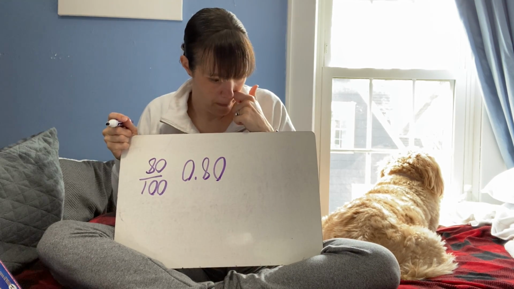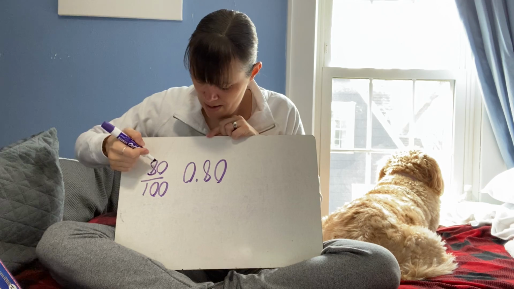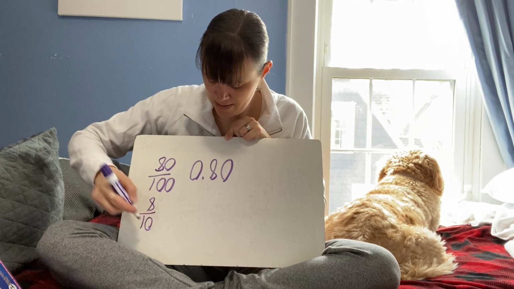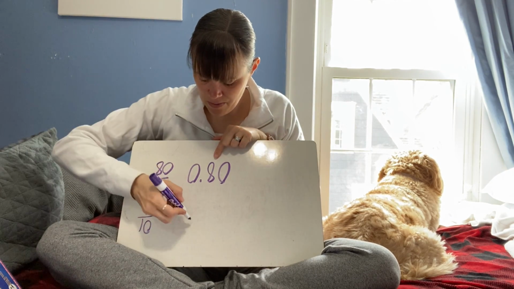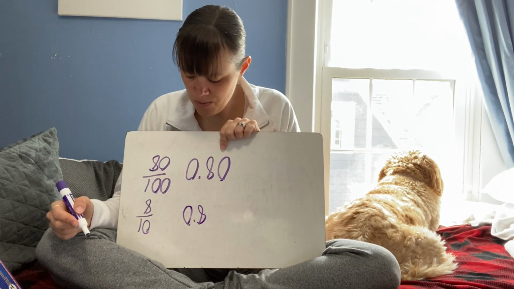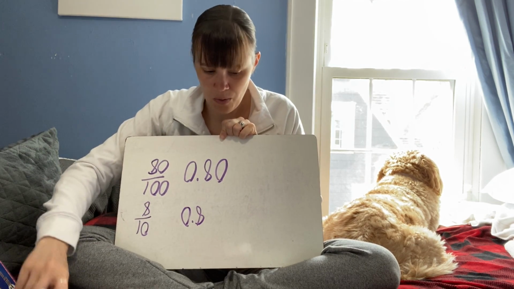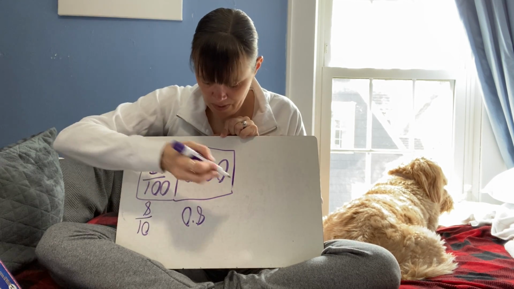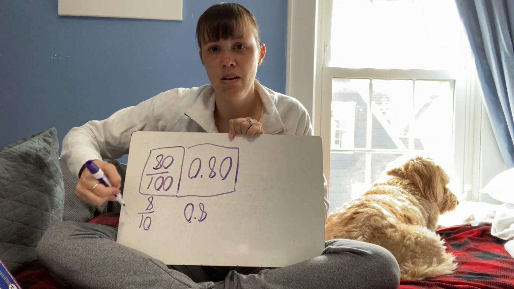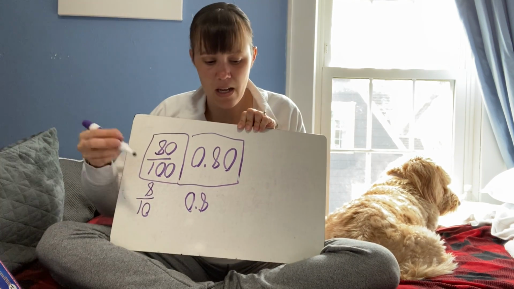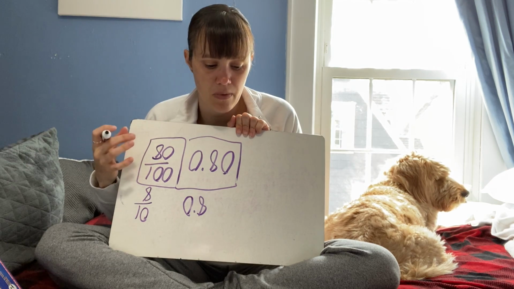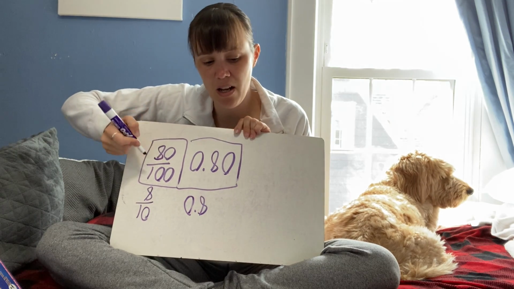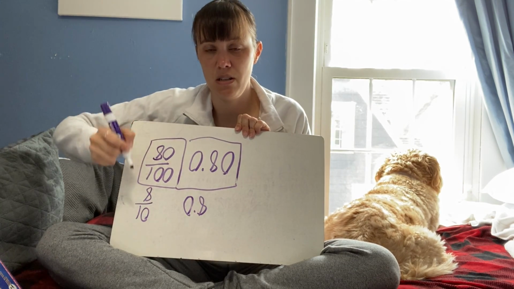They both say the same thing, right? 80 hundredths is the same as 8 tenths. And instead of writing it like that, could we write it like that? Yes, we can. So 8 tenths. So here is our fraction, and here is our decimal. Could you write it like this? Yes. It does say 80 hundredths in their words, so they want it like these two. They want you to say 80 hundredths, but we do know that it's equivalent to 8 tenths.